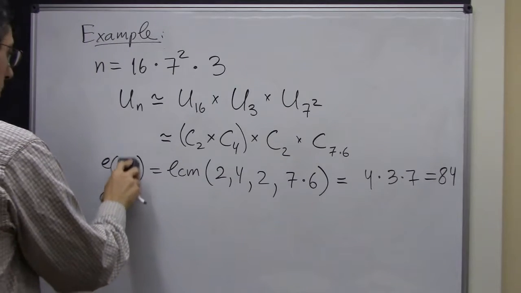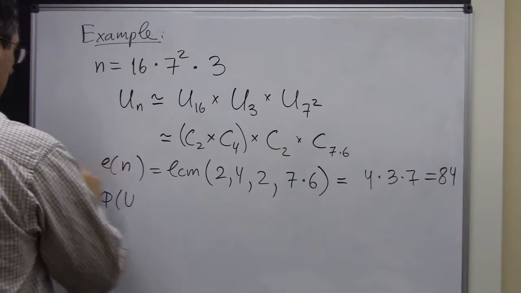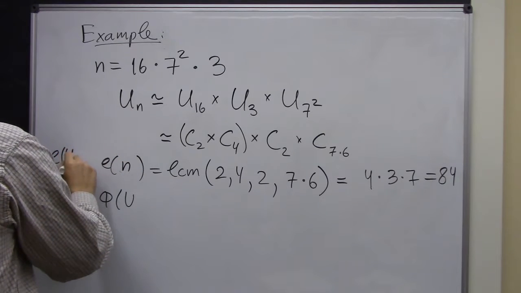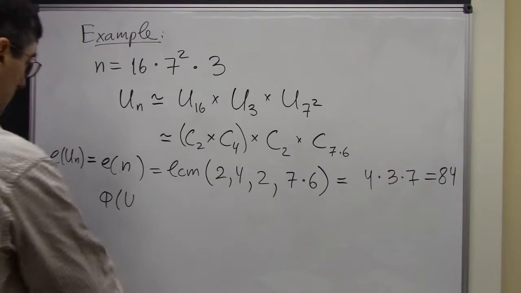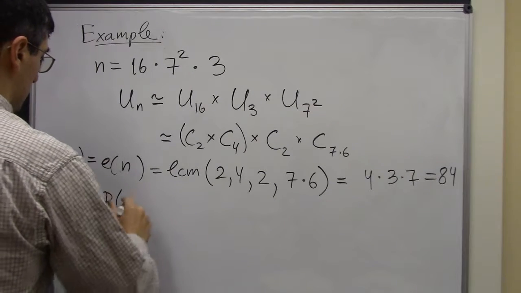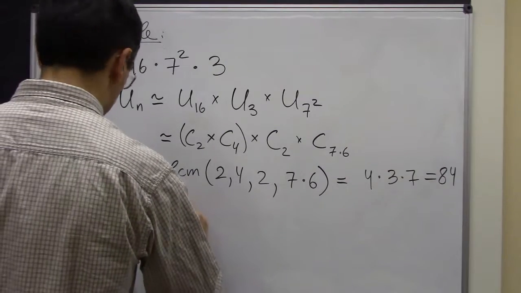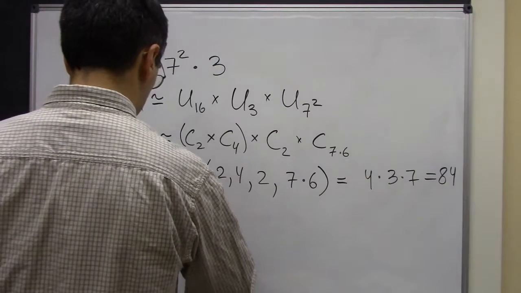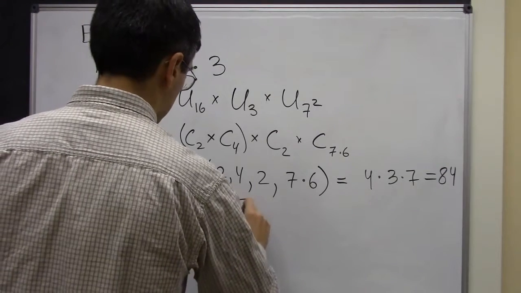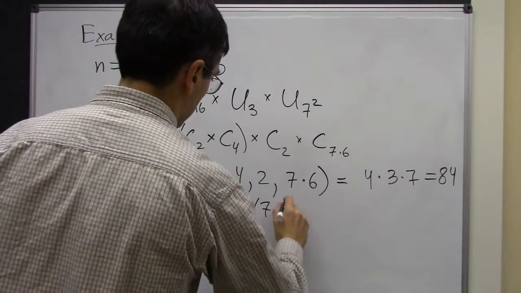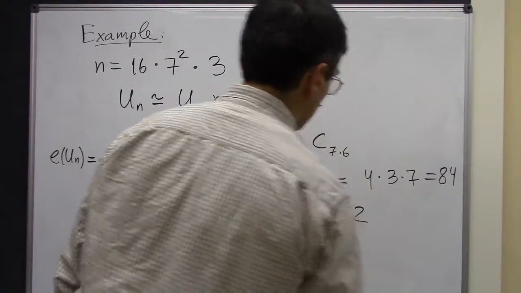So, in the book, the notation for the exponent of Un is abbreviated to E_n, and now phi(n), if you compute the Euler number, well, you get 8 times (3 minus 1) times 7 times (7 minus 1), and this is 672.